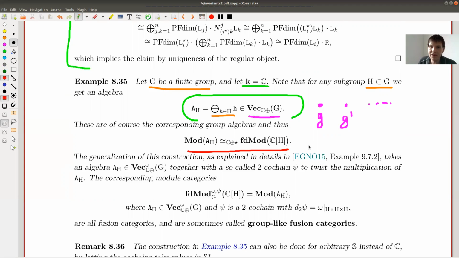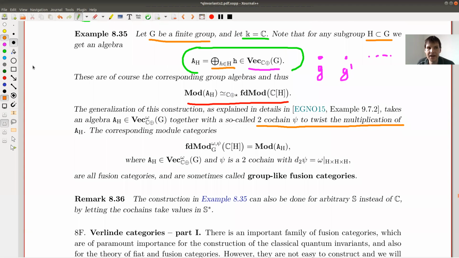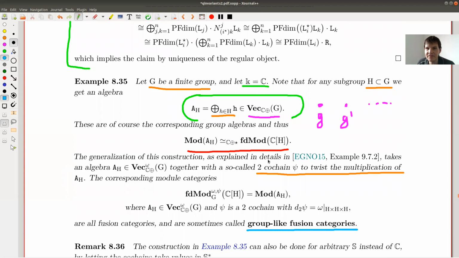And you can beef this up a little bit, and what you would get is another source of examples of fusion categories. You can throw in some of those co-cycles, sorry, co-chains, to twist the multiplication, and you get what are called group-like fusion categories. These are basically of the form finite dimensional modules of some group, but now your multiplication is twisted by some numbers.